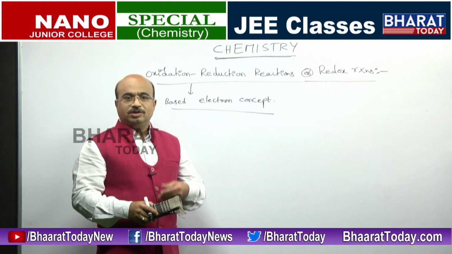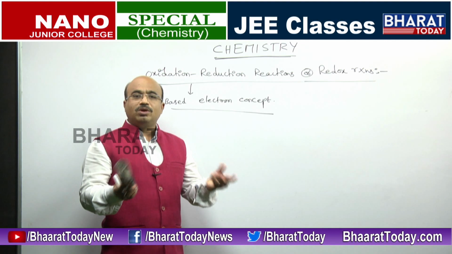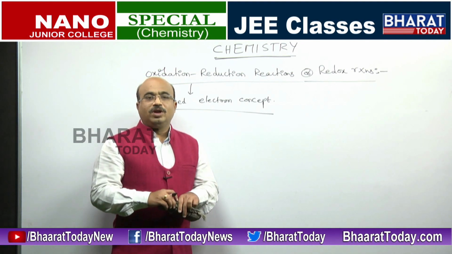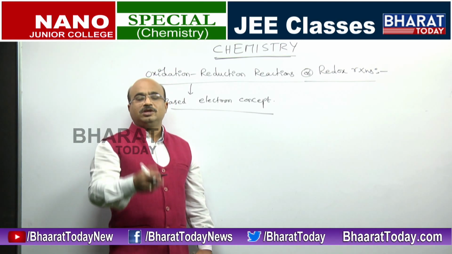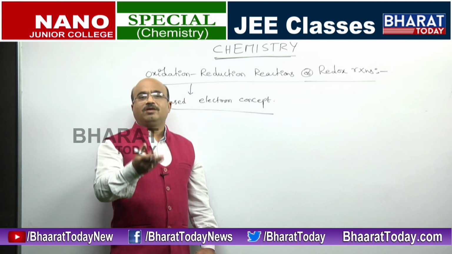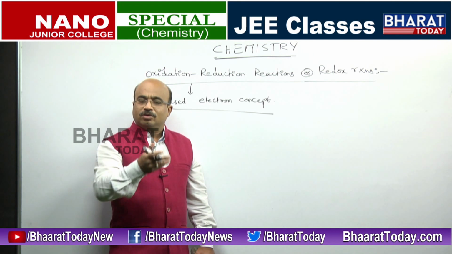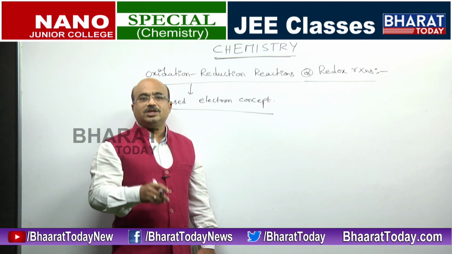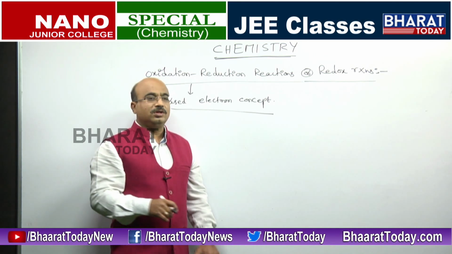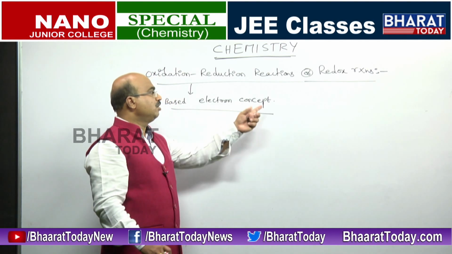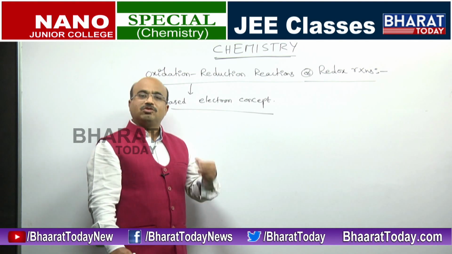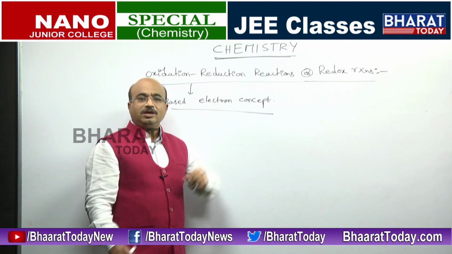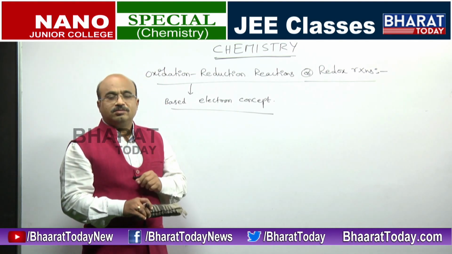Earlier we only knew about atoms, but later we discovered that electrons and protons exist in the atom. So the modern, perfect definition for oxidation and reduction is based on the electron concept. Even all the other reactions we discussed can be explained based on the electron concept.